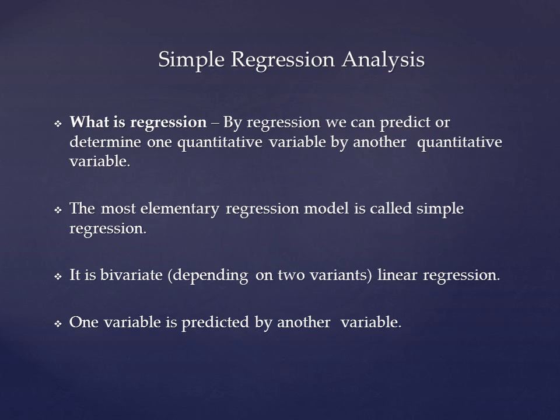We can use regression for several fields such as economics, management, life and biology, engineering science, chemistry, physics, and so on. The simple linear regression depends on two variables. Therefore, it is called bivariate. One variable predicted by another variable.